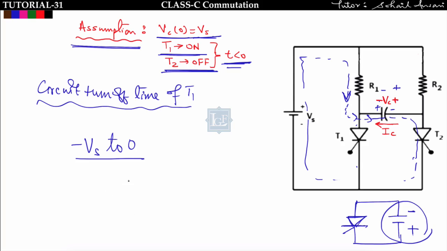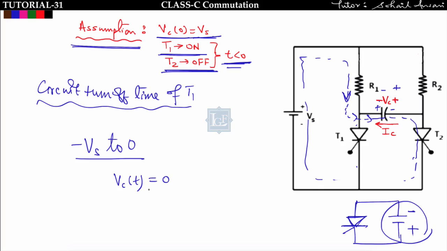So I can write, when Vc(t) is equal to 0, then the time I get is the circuit turn off time. See, minus Vs to 0. After that the capacitor voltage will be greater than 0, so it will go into the forward blocking mode. So we will not include the forward blocking mode time in the circuit turn off time. Got it?